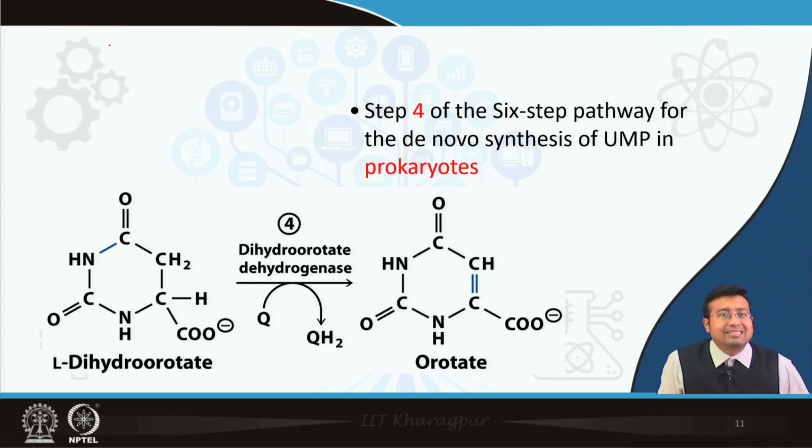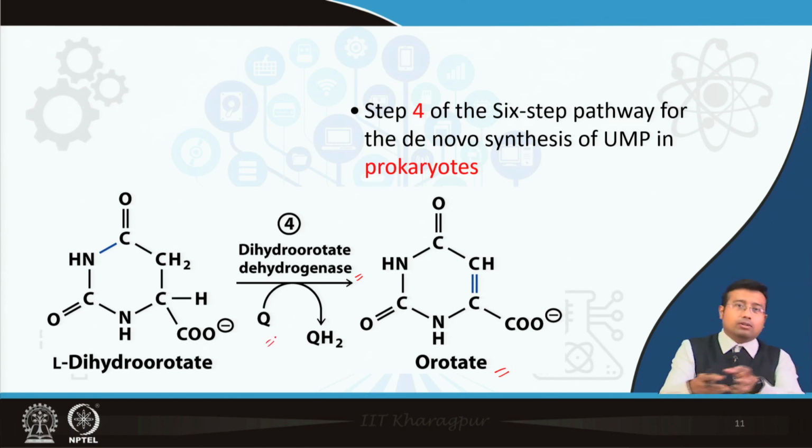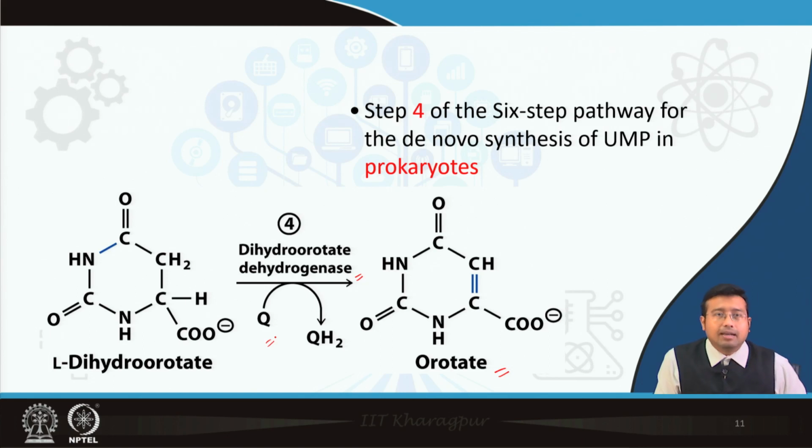This is the ring closure step. What happens in the next step? Dihydroorotate is converted to orotate, or dihydroorotic acid is converted to orotic acid, and the enzyme is dihydroorotate dehydrogenase. What do Q and QH2 stand for? This is a reducing equivalent that is helping in the dehydrogenase reaction.